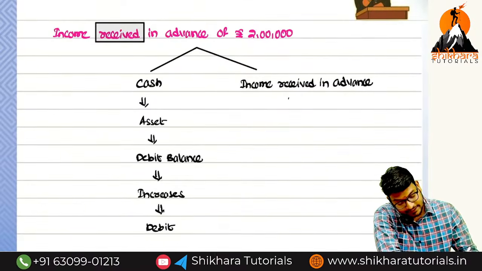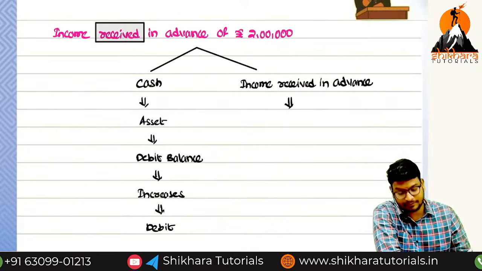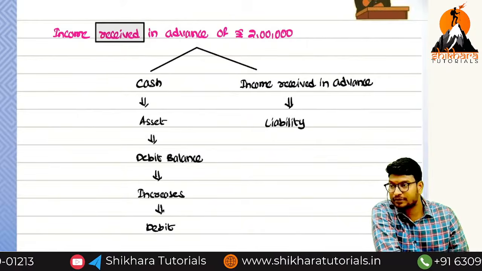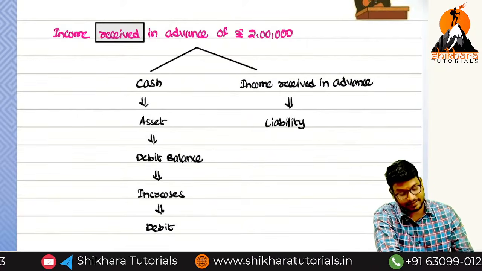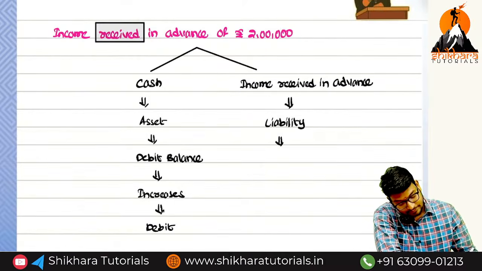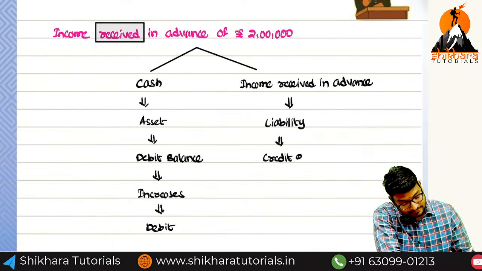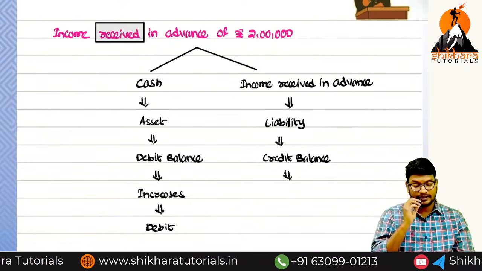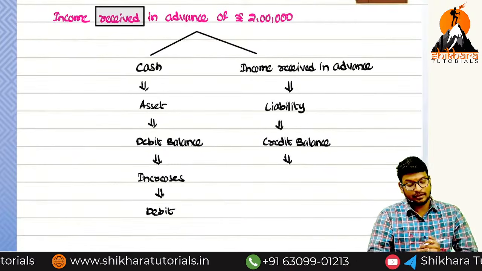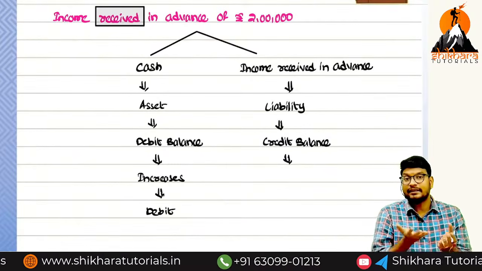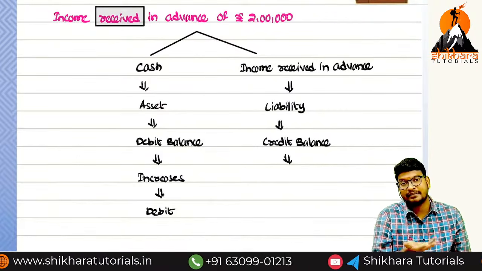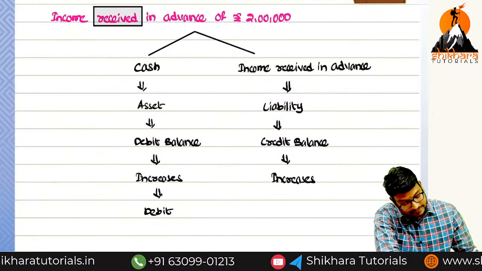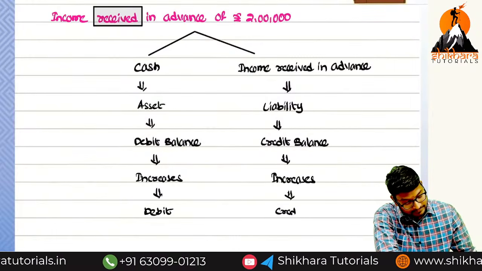And next, coming to income received in advance. Asset or liability? Liability, because we have a liability to give the service to the students of inter level and final level. And the liability will have which balance? Credit balance. Now the liability increases or decreases? Increases, because the liability was just created. So when it increases, what we have to do? Credit. So what is the entry?